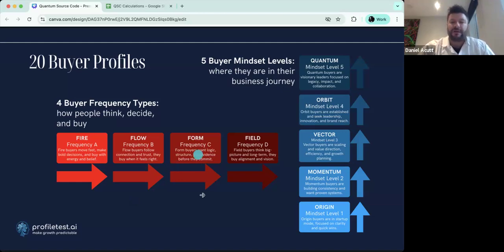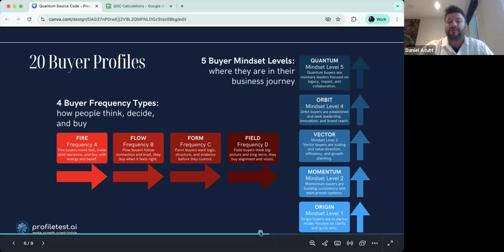Frequency C is all about evidence. This frequency is really interesting because if you have a lot of proof or you show that things work, then this is going to be a way that they buy. Now, typically, any business owner or coach could be any of these. It's not about specifically one or the other.